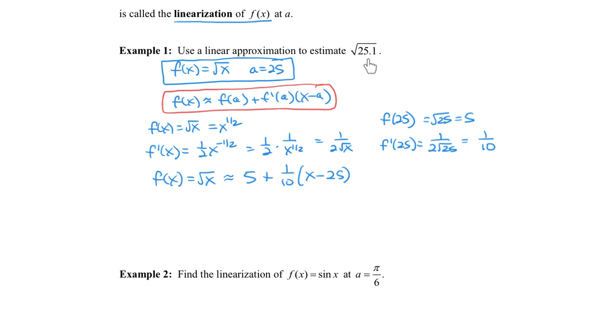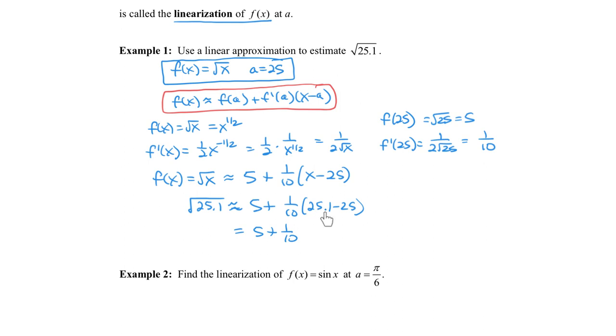So then to approximate this, we can say, okay, the square root of 25.1 is approximately equal to 5 plus 1/10 times 25.1 minus 25. Well, 25.1 minus 25, that's just 0.1, right?